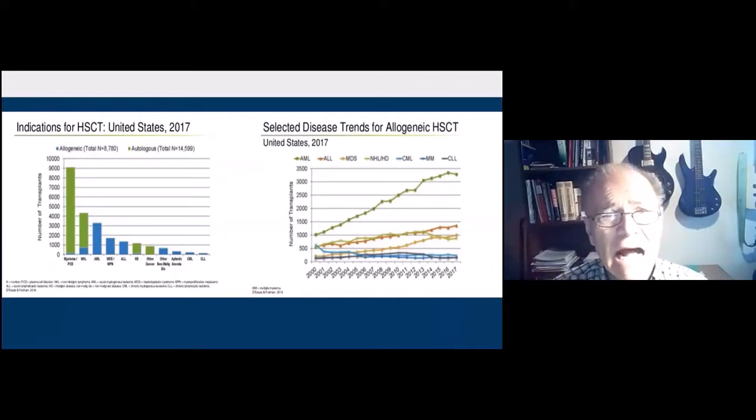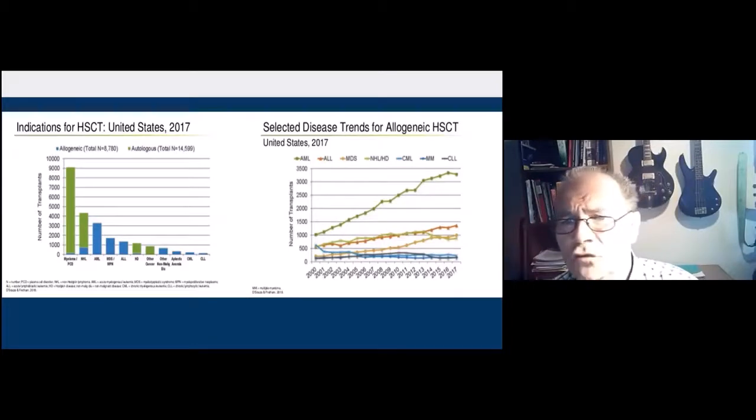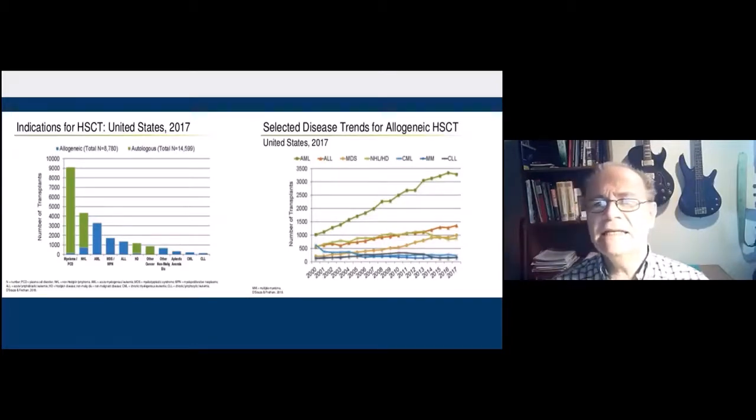Once again, autologous for myeloma, Hodgkin and non-Hodgkin lymphoma, and in the case of allogeneic transplants, specifically hematologic malignancies: acute myeloid leukemia, myelodysplastic syndrome, and acute lymphoblastic leukemia. On the right, you can see the selected disease trends for allogeneic. Once again, hematologic malignancies for allogeneic, and myeloma and non-Hodgkin lymphomas go to autologous transplant.